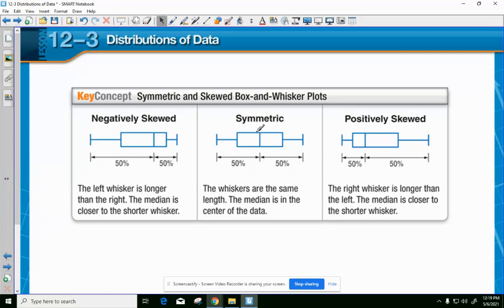If it's pretty much even, it's symmetric, or neutral, like the median is in the middle there. And if the right side is longer than the left, then that's considered to be positively skewed. So if you look at your picture, which one of these 3 does that box and whisker plot match? It matches a negative, right? And it should, because the histogram also represented the same idea, okay?